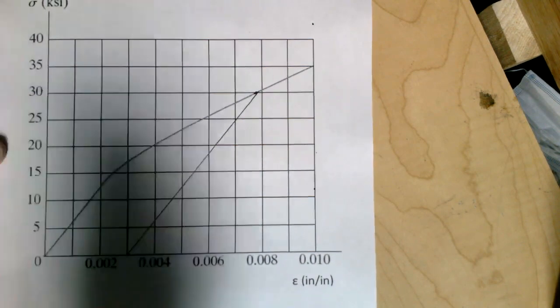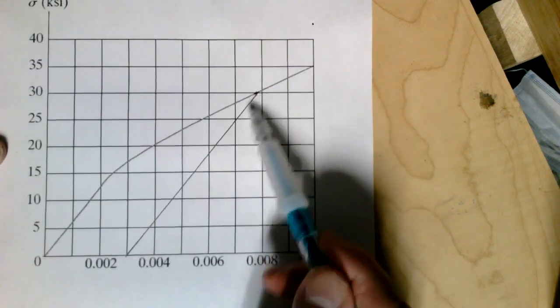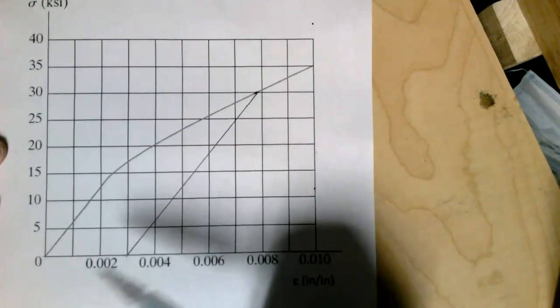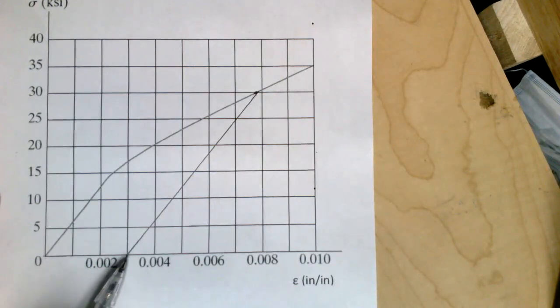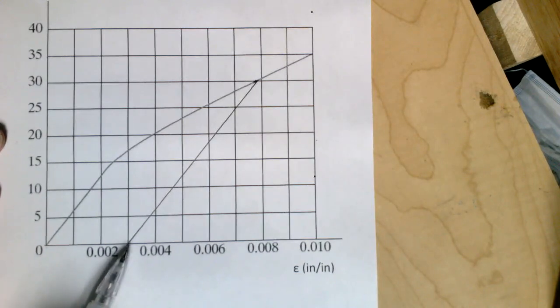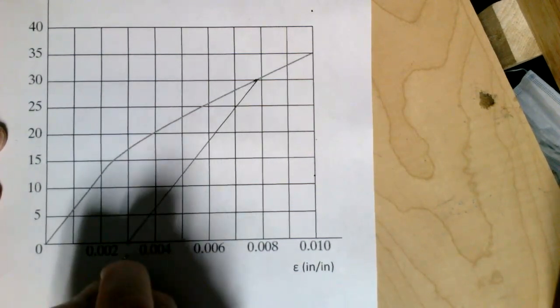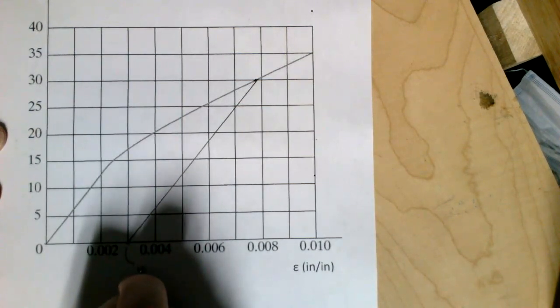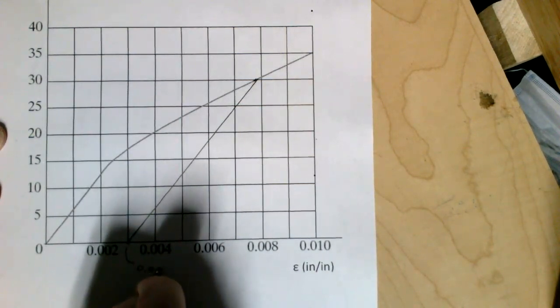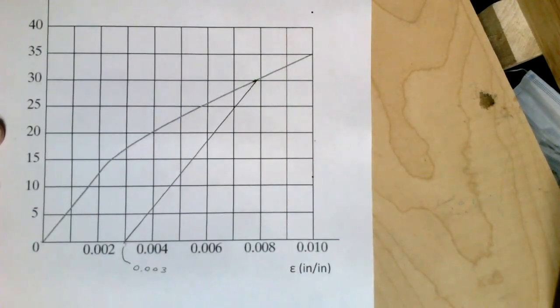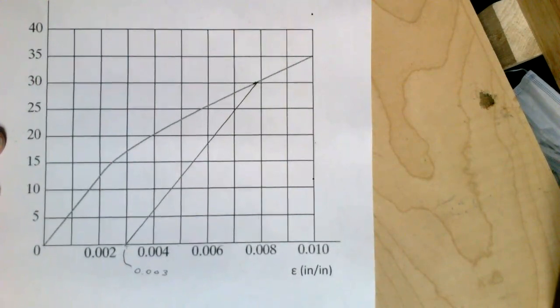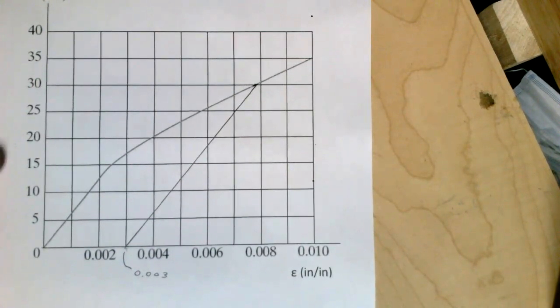We started at the 30,000 and went back, and wherever we intersect here, that's going to be the permanent strain. It looks like we intersected here around 0.003 strain. And that's going to be the permanent strain in the bar now.